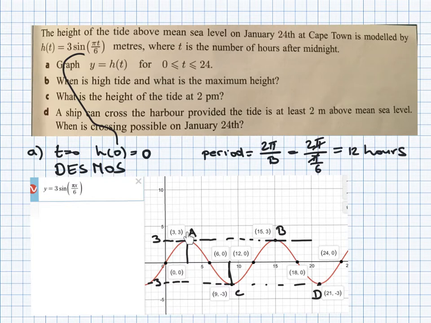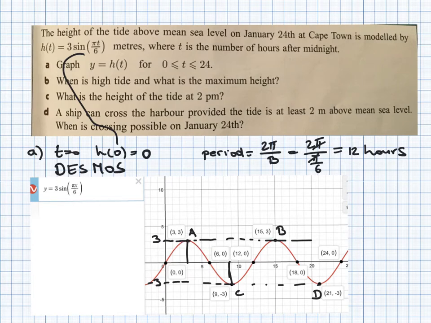It is happening at the maximum. So the high tide is at 3 a.m. and then again at 3 p.m. So the maximum height is 3 meters above the mean, as you can see at those 2 points.